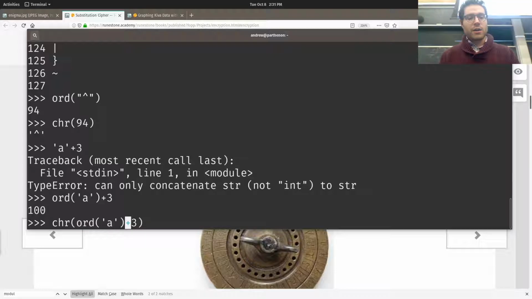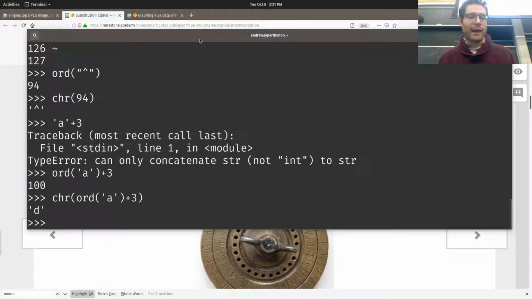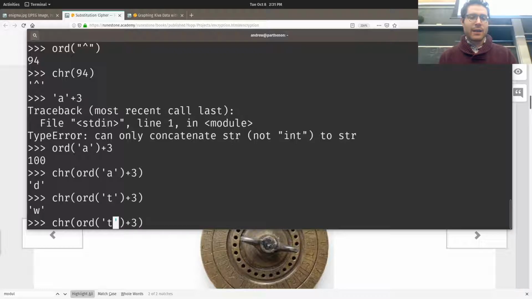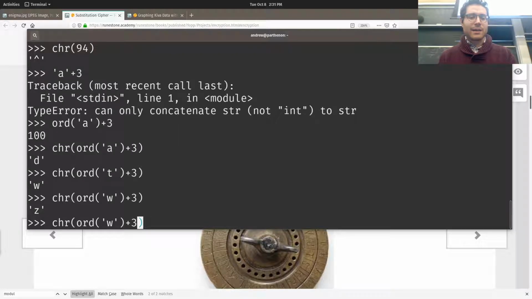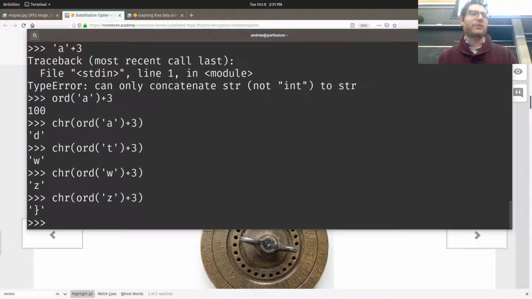So convert this into a number, add 3 to it, and then throw it into the chr function, which gives me d. 3 after a is d. That makes sense so far? So 3 after t is w, and 3 after w is z. And 3 after z is, of course, as everybody knows, closing curly brace.